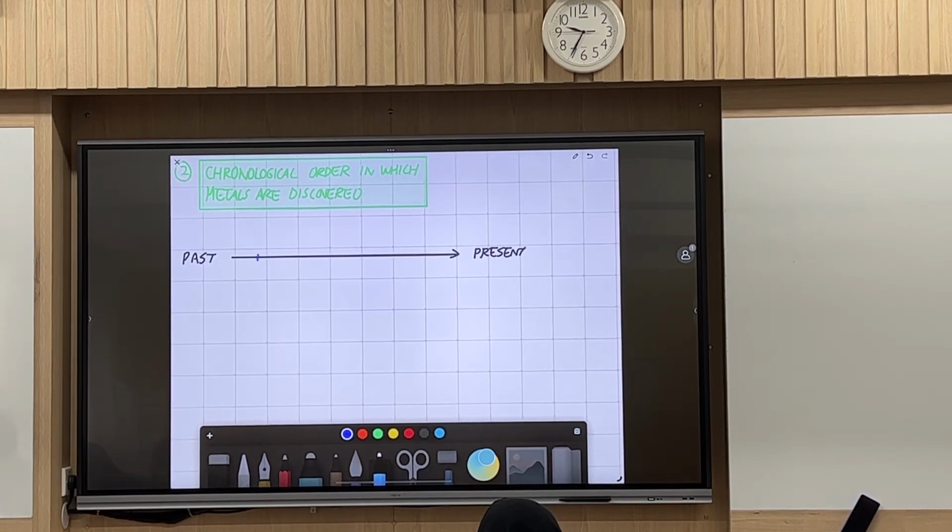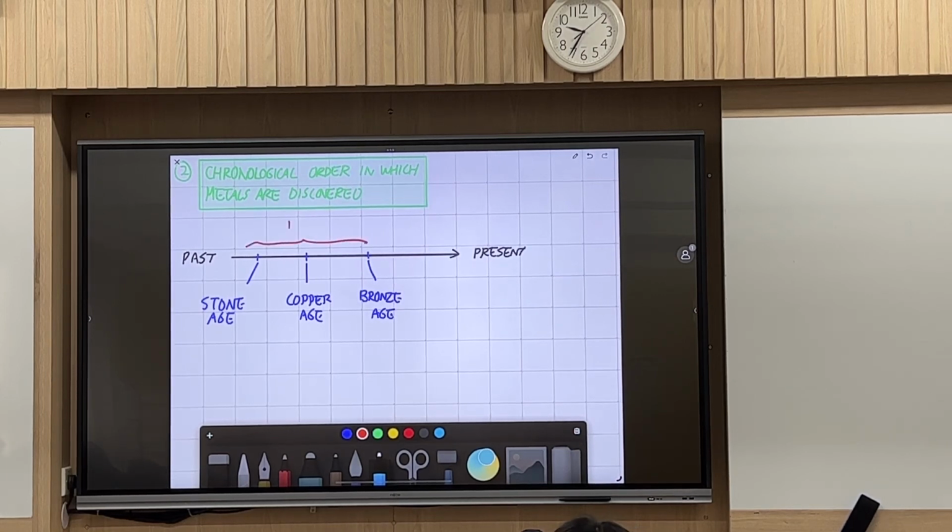We have the Stone Age first. What comes after Stone Age? Bronze? No, not so soon. Copper. Copper Age, yeah. So we have Copper Age next. Then we have Bronze Age. And all this happens before Christ, so BC.